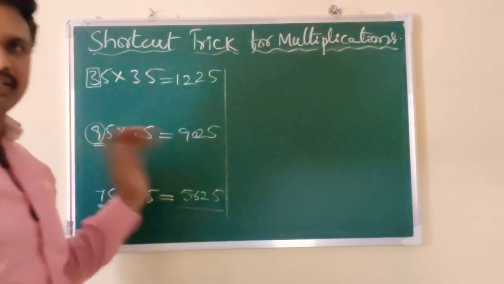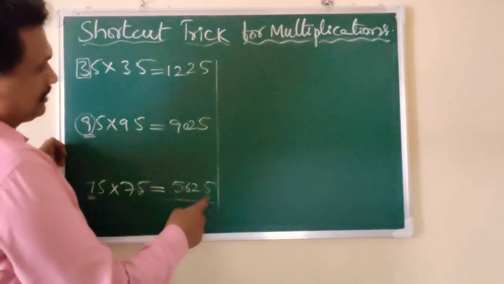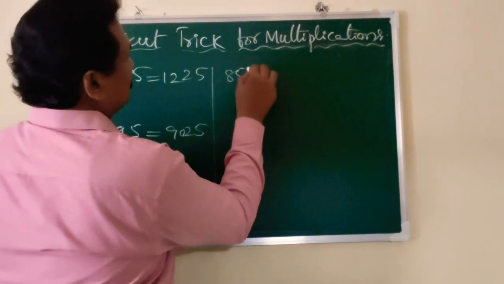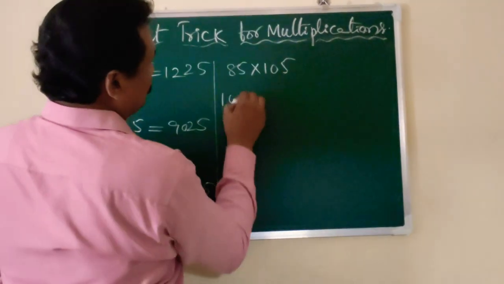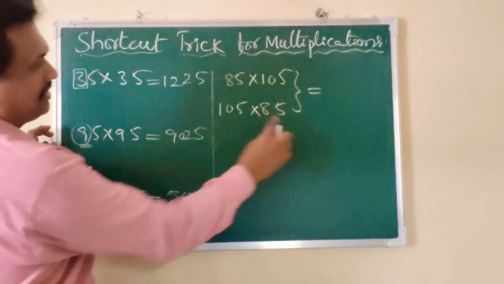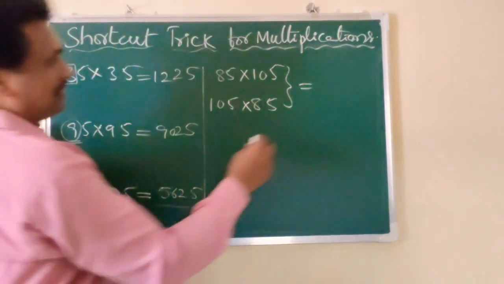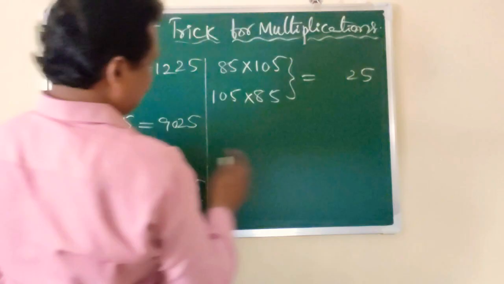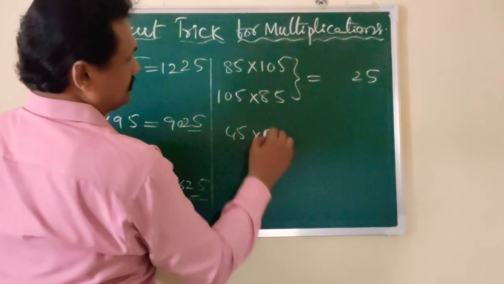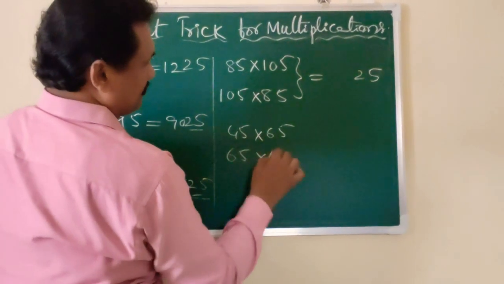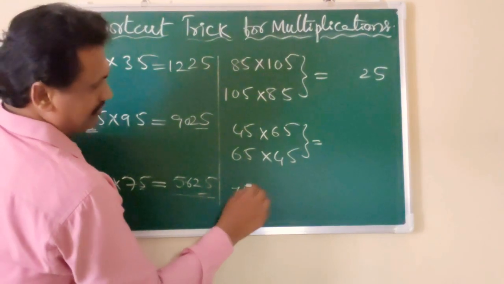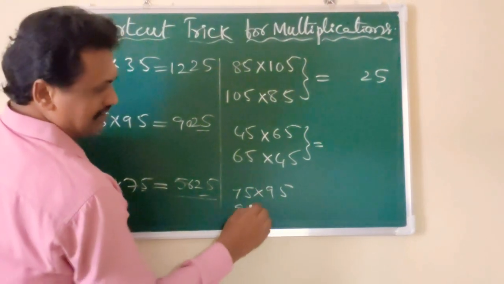When you notice a difference of 20 also, here too the ending is 25. For example, you notice 85 into 105, or 105 into 85. When you notice this in the exam, the answer is easy. A 20 difference is there and the numbers end with 5, that time also you get 25 at the end. Same for 45 into 65, 65 into 45, and one more example, 75 into 95, 95 into 75.